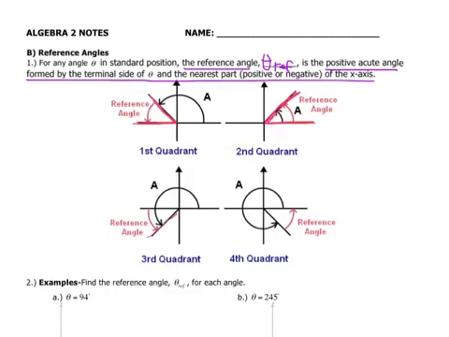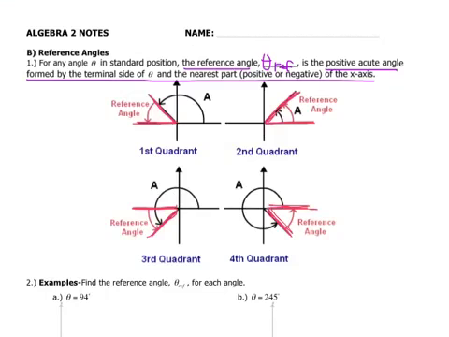I'm taking the terminal side, closest part of the x-axis. One last time, an even bigger angle theta. I'm taking the terminal side, closest part of the x-axis. That will give you your reference angle.